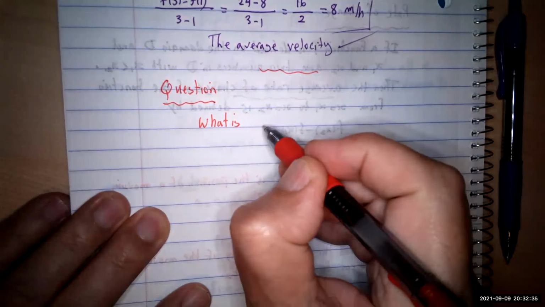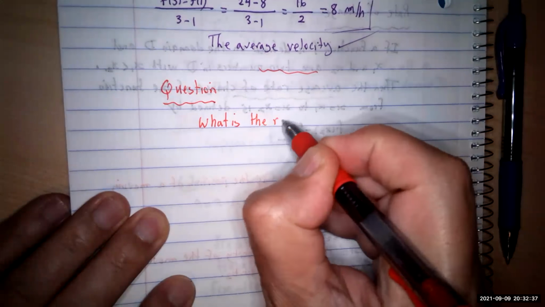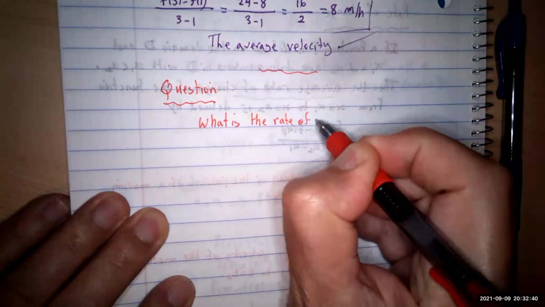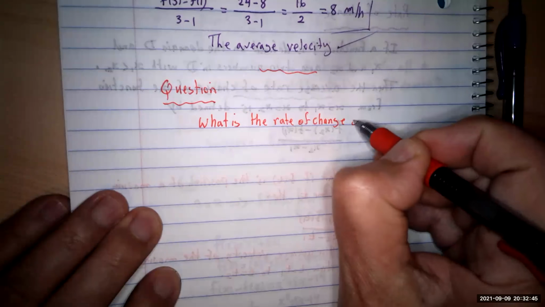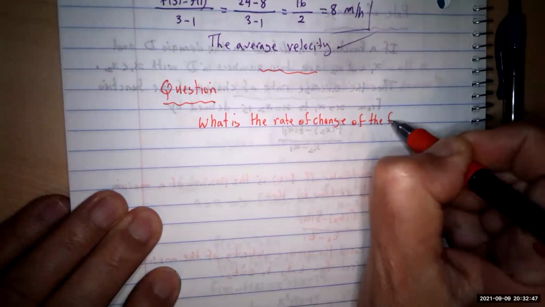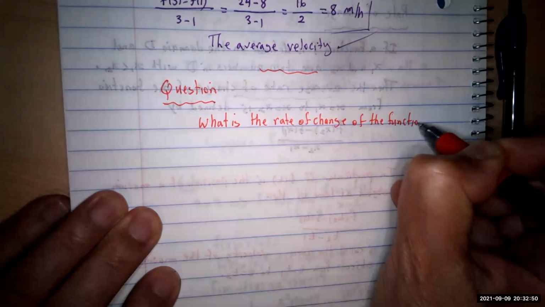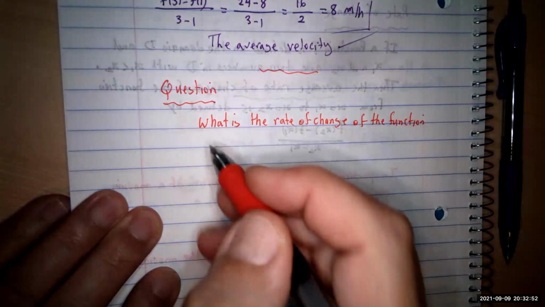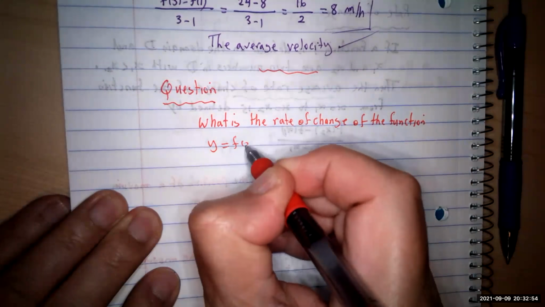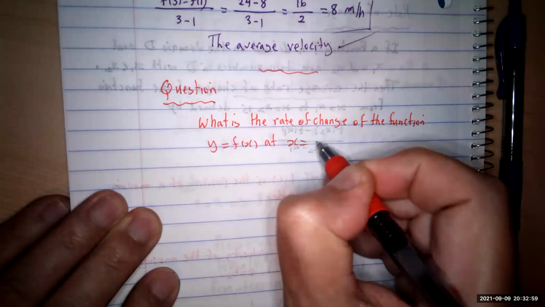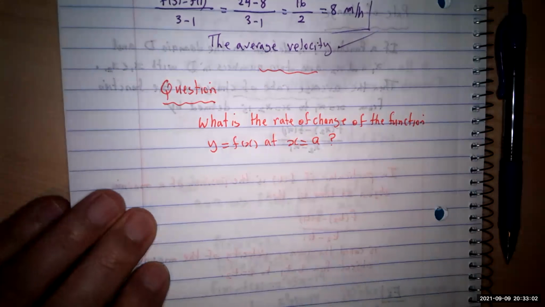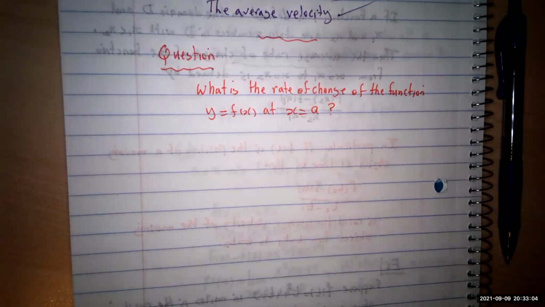What is the rate of change, not the average, of the values of the function y equal to f of x at x equal to a? It's exactly the same as the question of finding the equation of a tangent line. What is going to be the rate of change of the function at x equal to a?